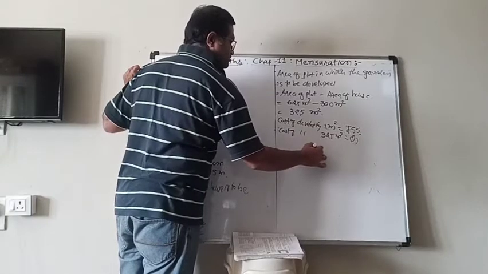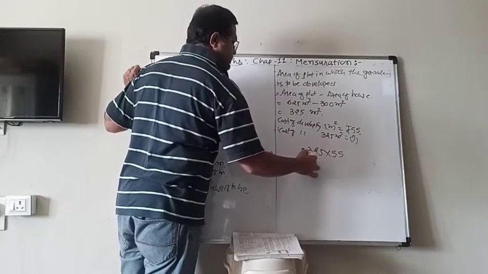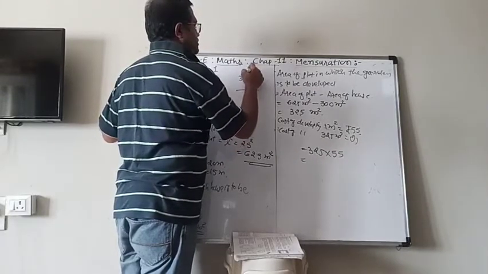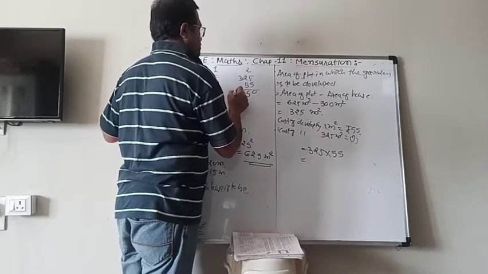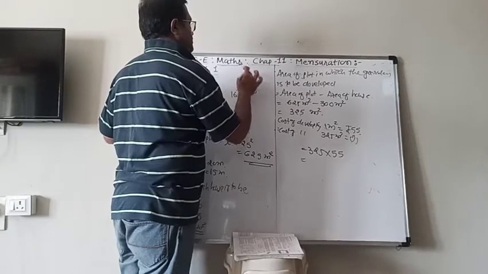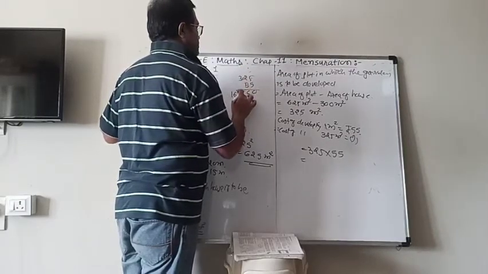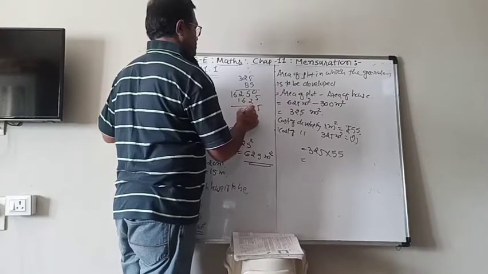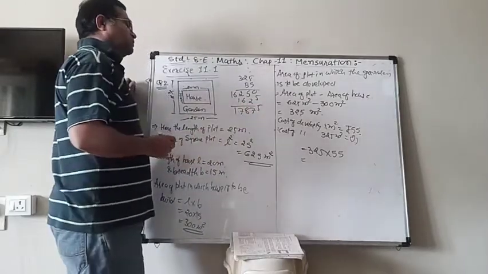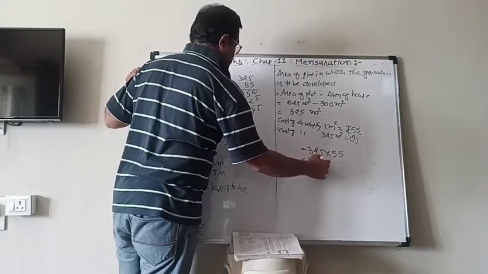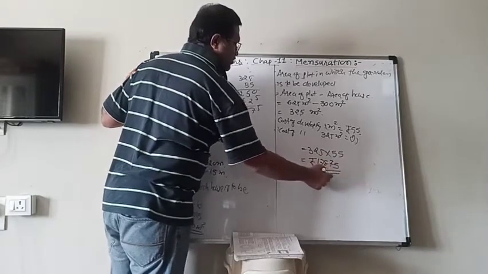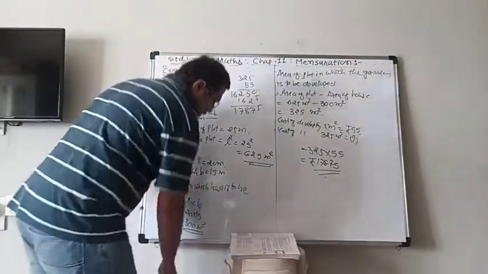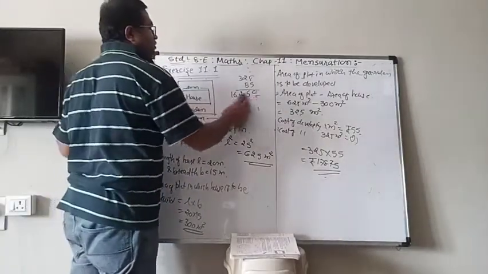Then we have to multiply 325 by 55. So rupees 17,875.